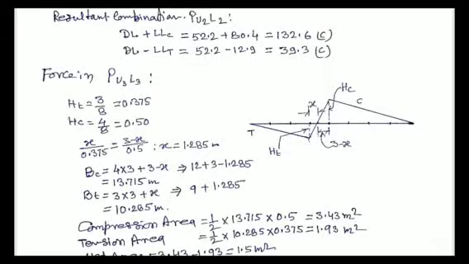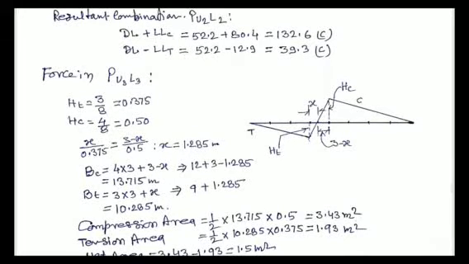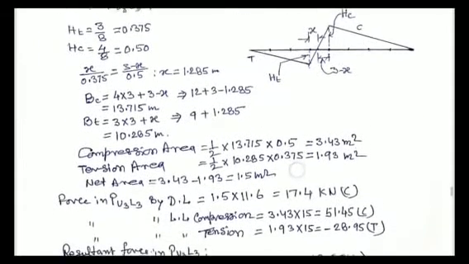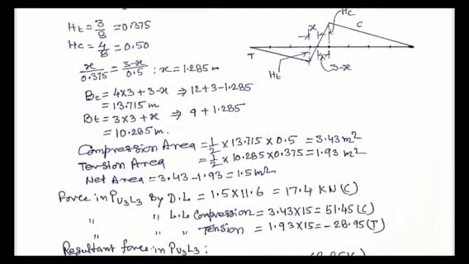So this is the diagram of the ILD, and we find the ordinate of the height of the triangle. So HT will be 3 by 8, 0.375, and HC will be 4 by 8, 0.5, and the value of x will be 1.285 meter. The areas of the triangles in the compression zone and tension zone will be like this.